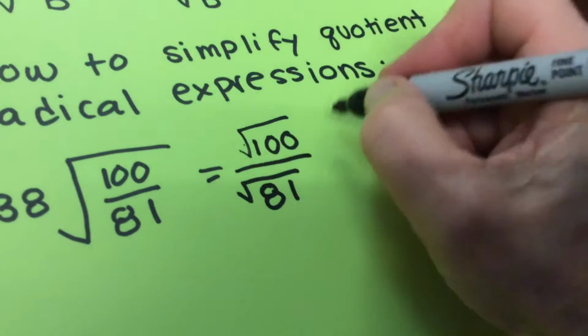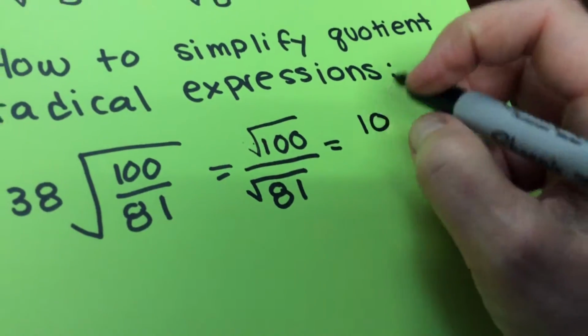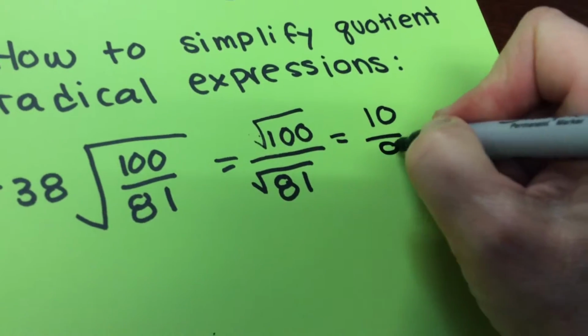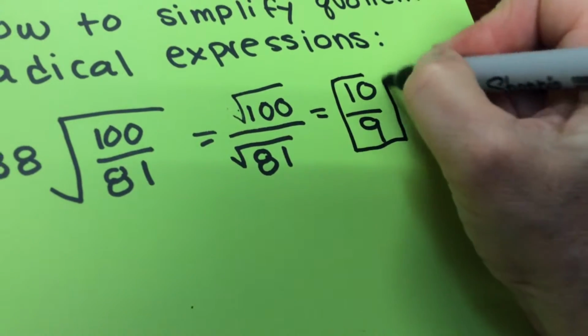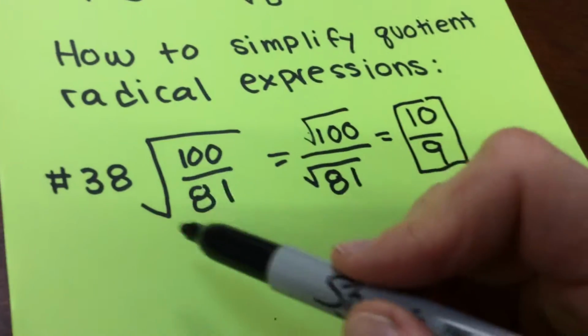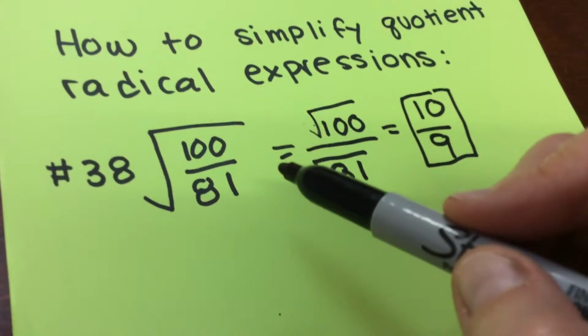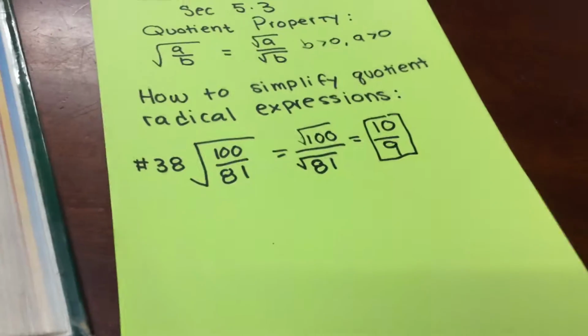Well, the square root of 100 is 10, and the square root of 81 is 9. So here is the simplified form of the radical expression, the square root of 100 divided by 81. Well, that doesn't seem too difficult, does it?